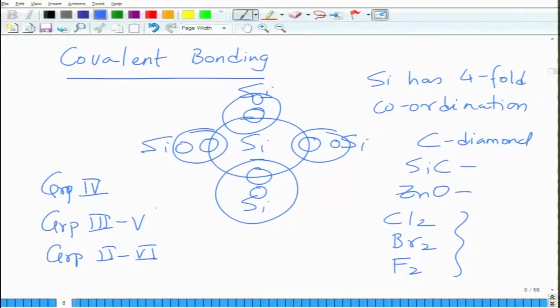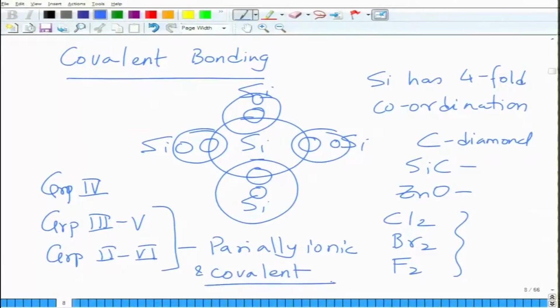These also have ionic character, but they are partially ionic and covalent. So, materials like silicon oxide, zinc oxide, and silicon carbide have quite strong covalent character. Again, they have similar characteristics, they have high bond energy. A covalent bond typically is characterized by high bond energy.